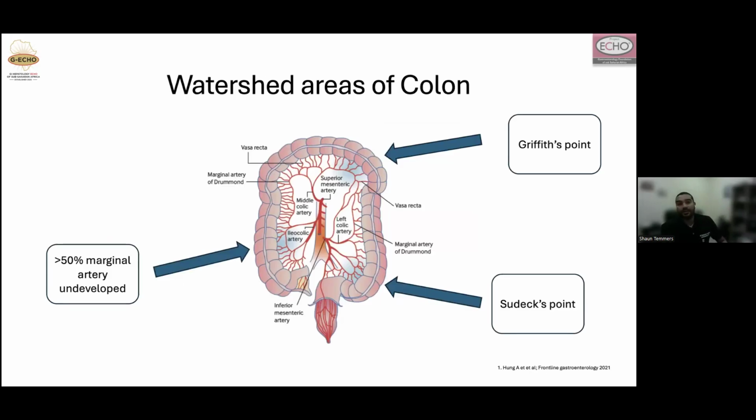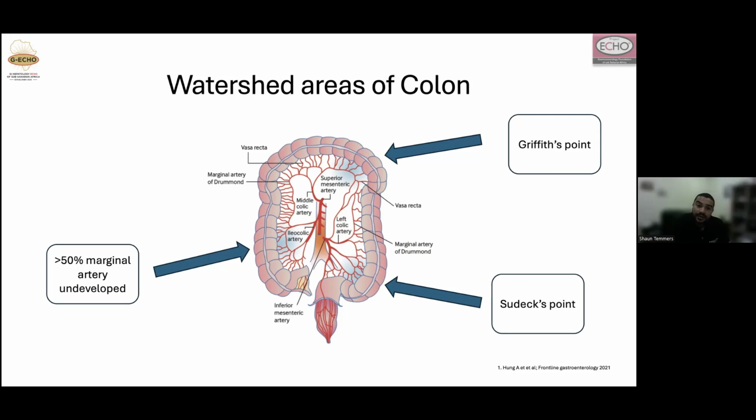If we go back to the anatomy of the colon, we look at the so-called watershed areas of the colon. Important landmarks to remember are Griffith's Point, which is the anastomotic site of the inferior mesenteric artery and superior mesenteric artery around the splenic flexure. Sudeck's Point is where the inferior rectal artery and the superior rectal artery join, and that's a watershed area.